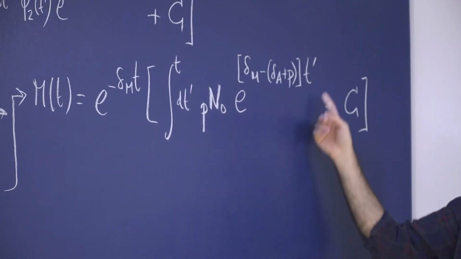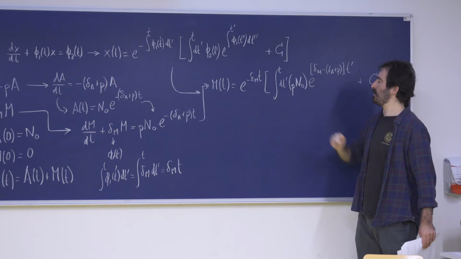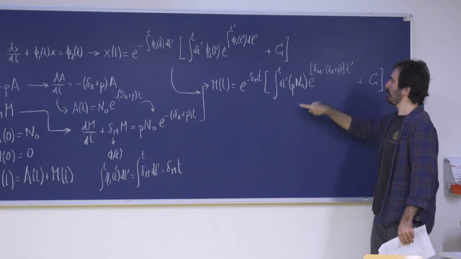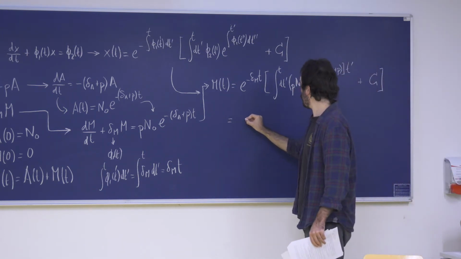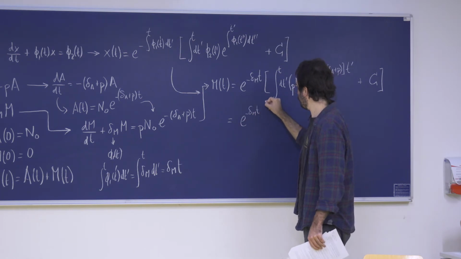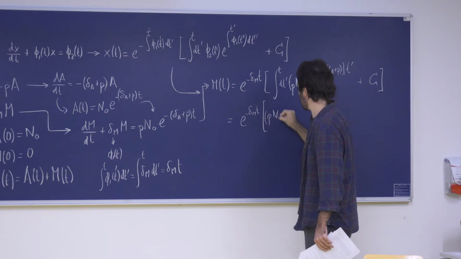Okay, so this is our integral. Again, as I said before, these two terms can go outside of the integral. That's pretty straightforward. And this requires some denominator that's going to appear. So let's just move on and write how this should be solved altogether. Again, here, p and naught can stay outside.